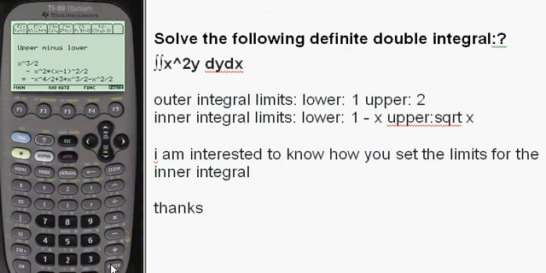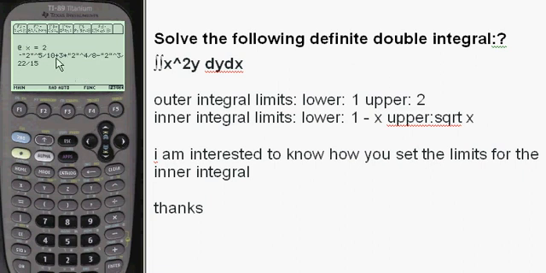So far it looks pretty easy, doesn't it? The new dx integral then is this, with these limits. We're going to integrate with respect to x. It turns out to be this, minus x to the 5, 10, etc., over these limits.